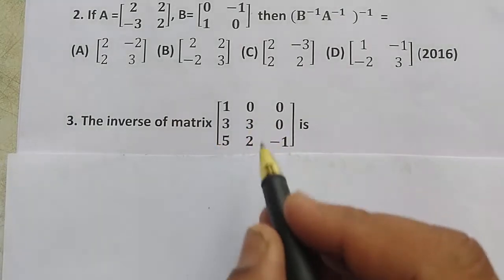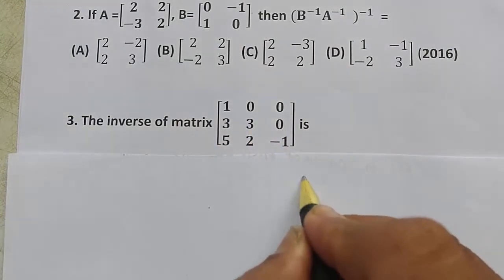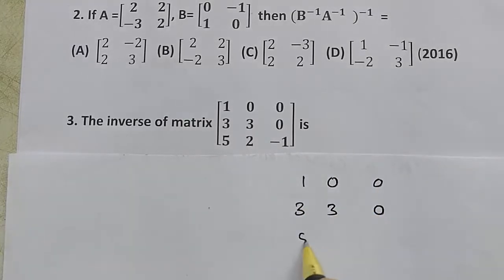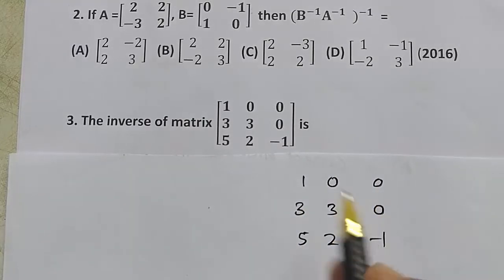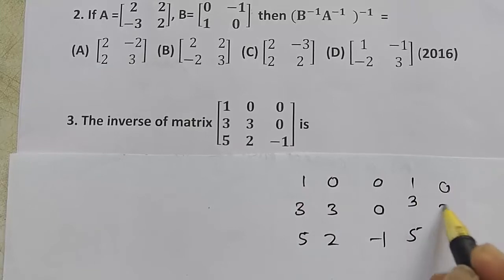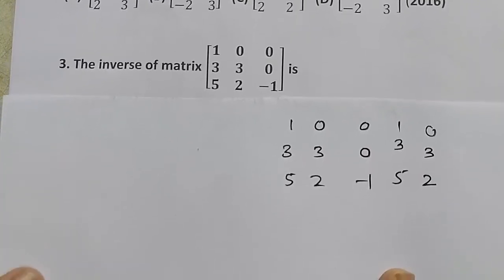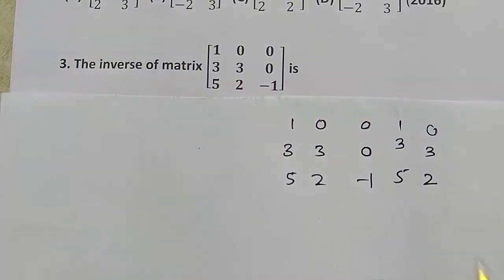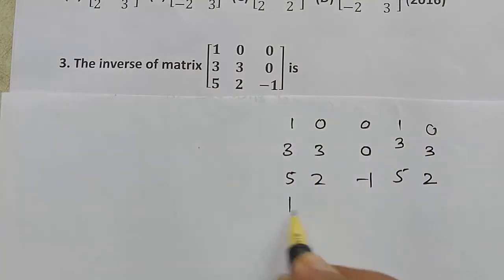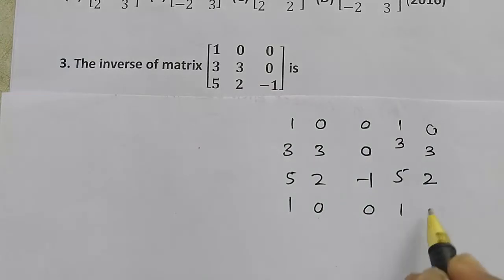Here we take the elements of the given matrix 1 0 0, 3 3 0, 5 2 minus 1. We repeat the first and second columns: 1 3 5 0 3 2. Again we repeat the first row and second row: 1 0 0 1 0, 3 3 0 3 3.